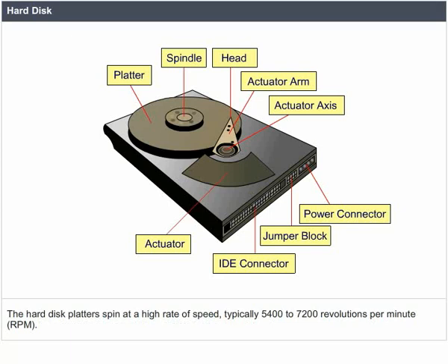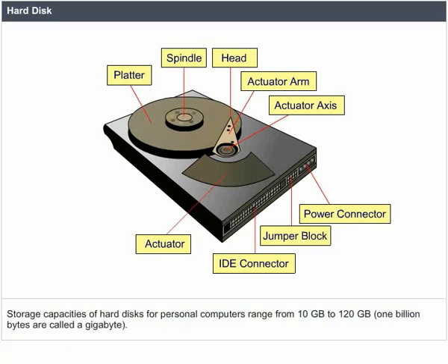The hard disk plates spin at a high rate of speed, typically 5,400 to 7,200 revolutions per minute (RPM). Storage capacities of hard disks for personal computers range from 10 GB to 120 GB. 1 billion bytes are called a gigabyte.